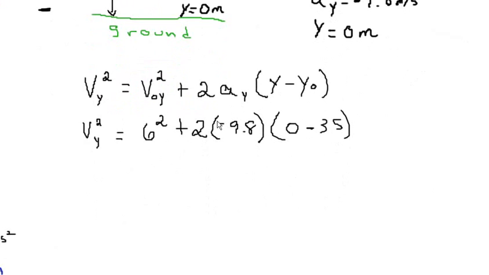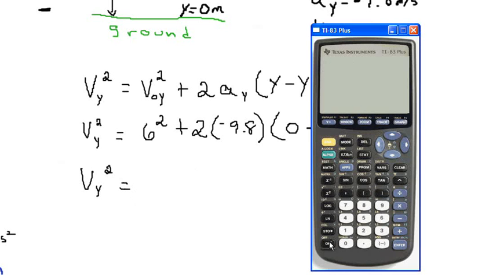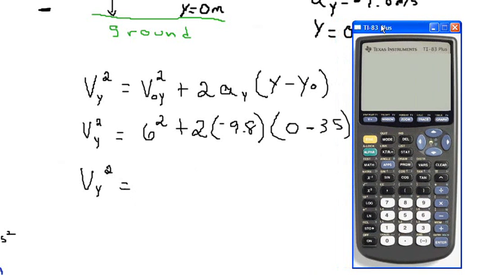Okay, so this is just a calculator problem now. Let's see what we get. Okay, so now we have 6 squared plus 2 times negative 9.8 times 0 minus 35, and we get 722.